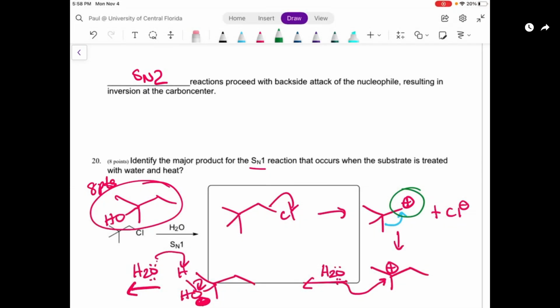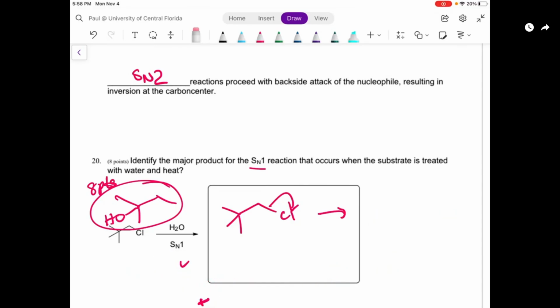Primary carbocations don't form, okay? So the mechanism that we would invoke would be something like this, where we do an alkyl shift at the same time that we kick that leaving group off. Kind of happens in the same step there.